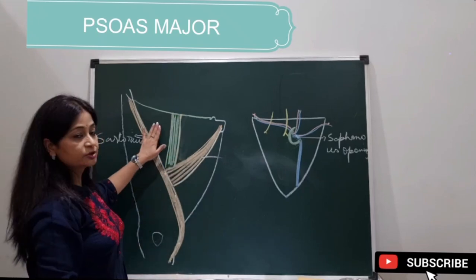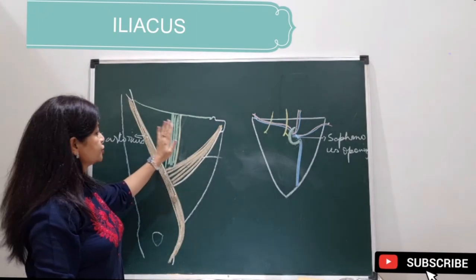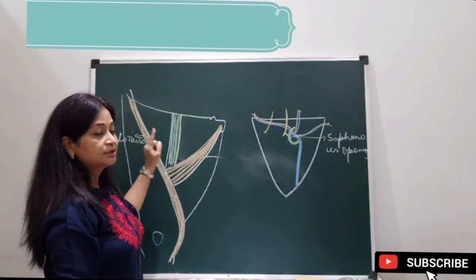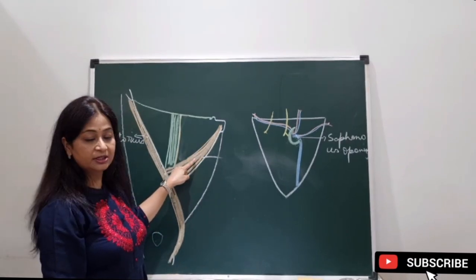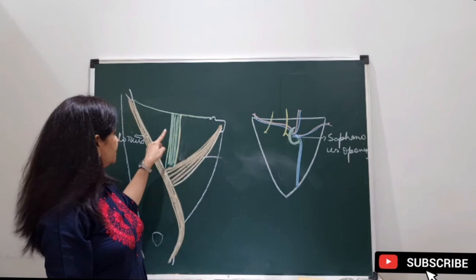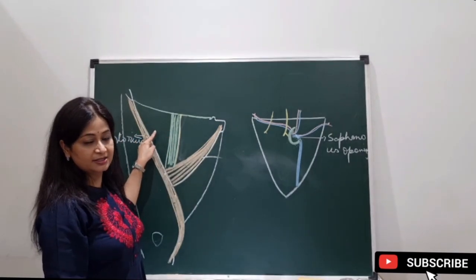And the lateral most part of the floor is formed by the iliacus muscle. So from medial to lateral, the muscles which form the floor of this triangle are the adductor longus, the pectineus, the tendon of psoas major muscle, as well as the iliacus muscle.